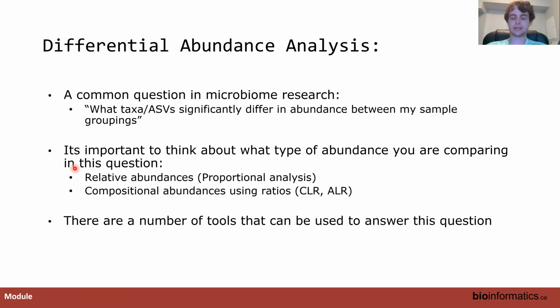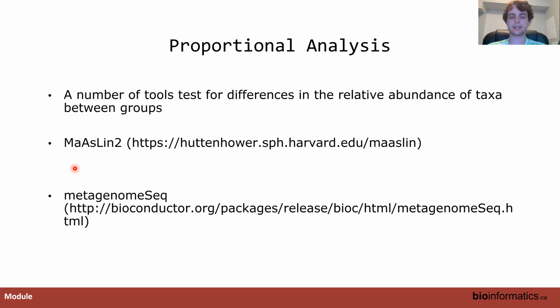And there are a number of tools that can be used to answer these questions based on whether or not you're interested in looking at relative abundances or compositional based abundances. In a proportional analysis, you could use tools such as MaAsLin 2 or metagenomeSeq. Unfortunately, we don't have time to talk about how these two tools work, but they have great tutorials and they both have two really good papers outlining how they work.